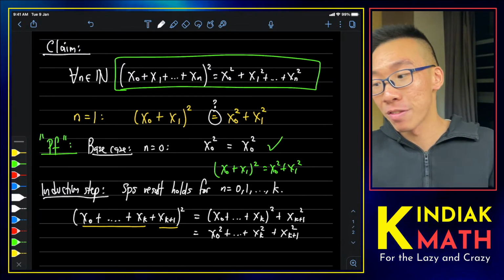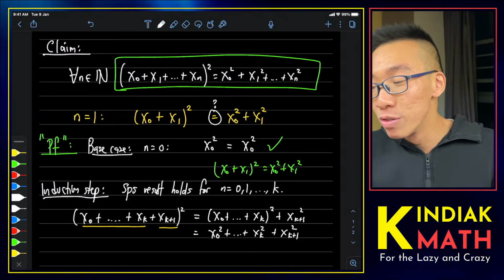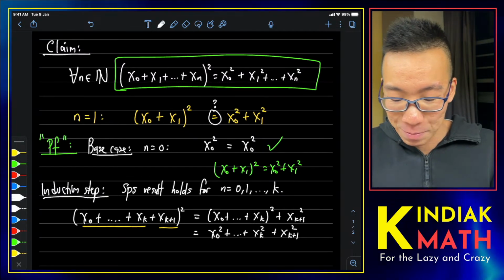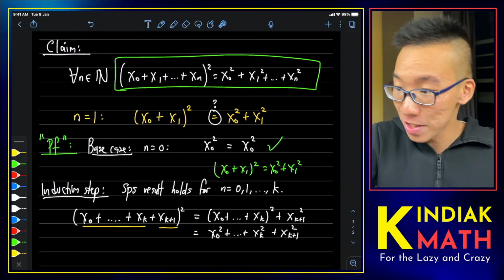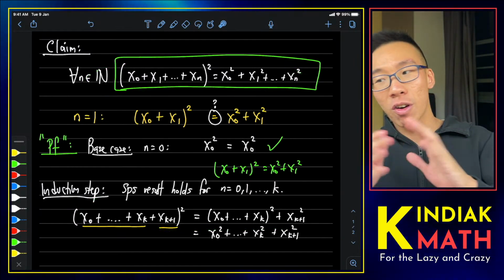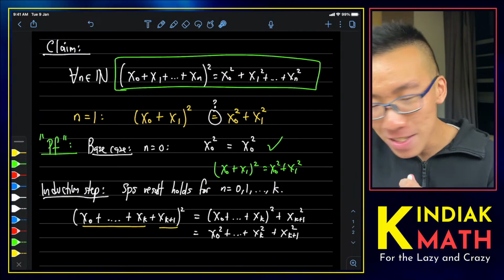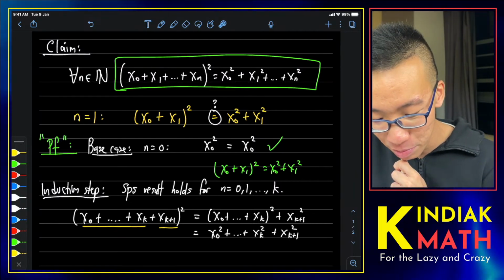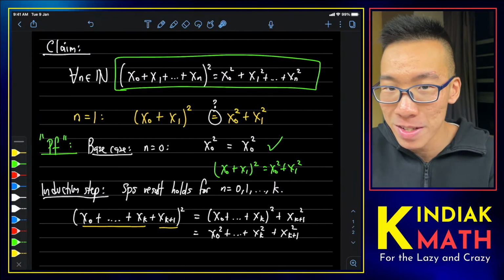And therefore, we have allegedly proven the result for the induction step, which tells us that this is true for all natural numbers. And it turns out that there is a little sneaky problem with this argument.